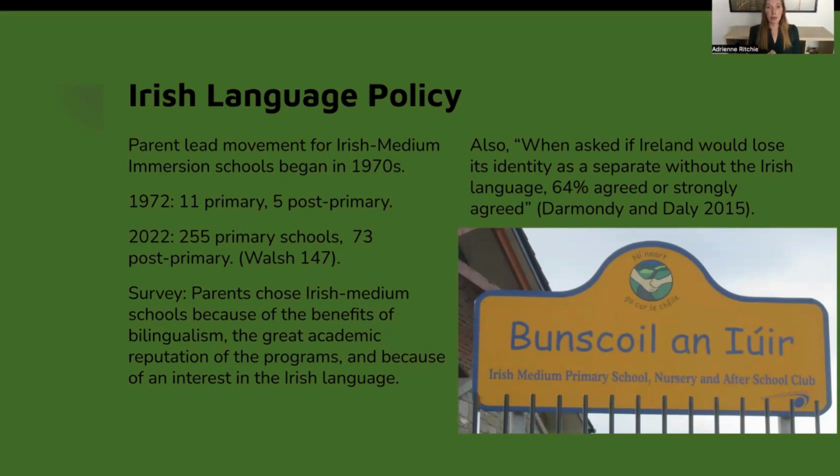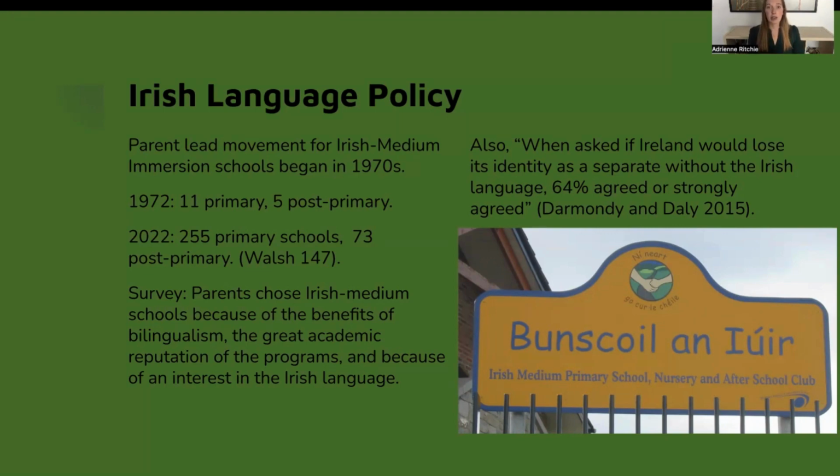But what happened was a lot of parents and students started being interested in Irish medium immersion schools during this same time period. That would be an equivalent, if you're familiar with dual immersion programs in the United States, where most of the instruction in that school would be in the foreign language, in this case, the Irish language.